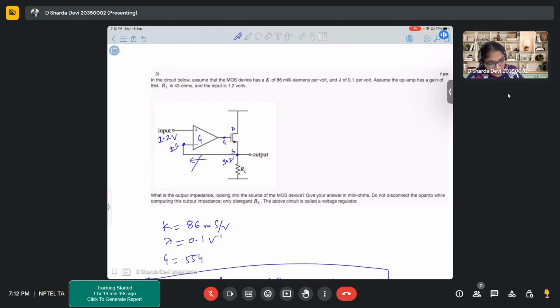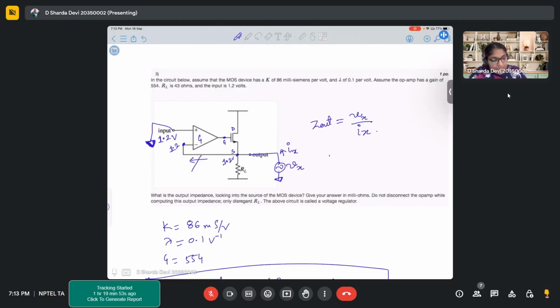Practically speaking, you apply a small voltage Vx, and you have a small current Ix. So Z out is found as Vx upon Ix. In this case, it is made sure that all other sources are grounded, so this input will be grounded. While calculating output impedance, you only have one single source at a time. You use that source at the output node and put your input to ground.